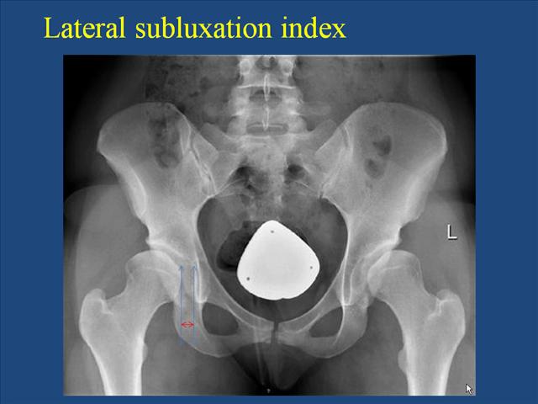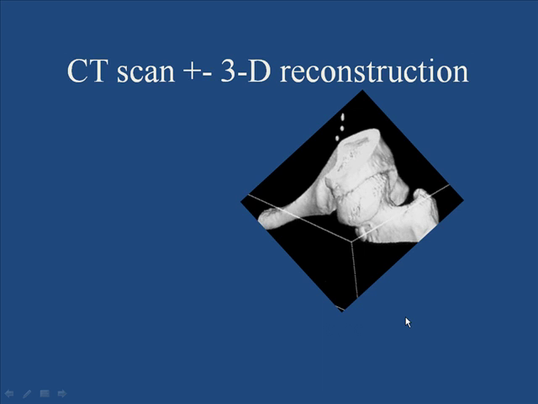Then the lateral subluxation index, which is the distance between the medial wall of the socket and the medial side of the head. Again, the actual value itself is not important, but we need to compare to the other side. The bigger, the worse. A CT scan with 3D reconstruction.